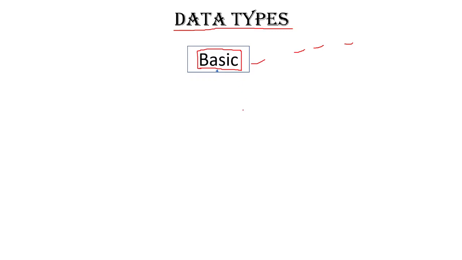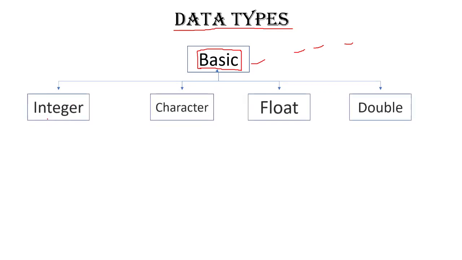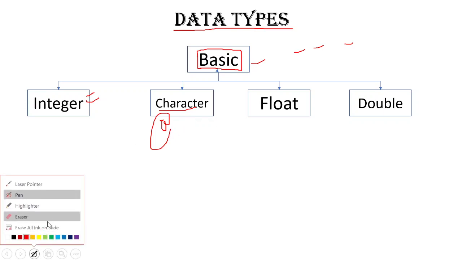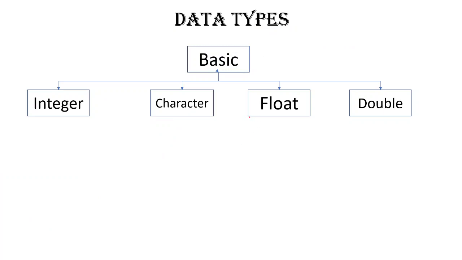These are basically of four types: integer, character, float, and double. So what is an integer? Integers are whole numbers, like 1, 2, 3, -1, -2, -3. Characters are like A, B, C, and it's not only alphabetical characters, but any character, like ampersand and dollar. Float means real numbers, like 4.2, 4.3.